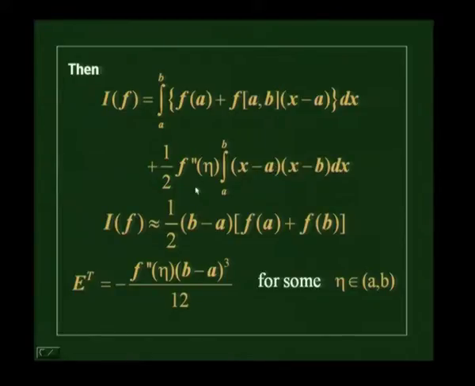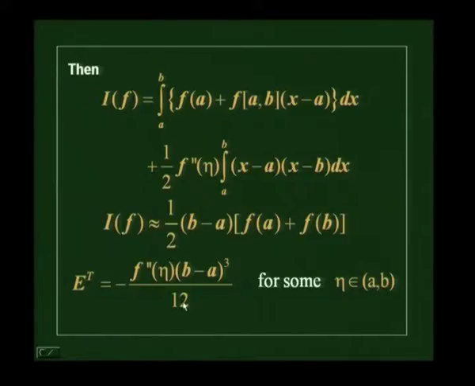It's of one sign, and hence we can write the error in this form, and that error is of the order of the second derivative for the interval a to b. So this is another case where the error is of the order of the second derivative of the function.